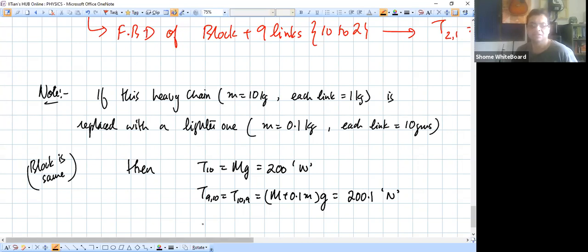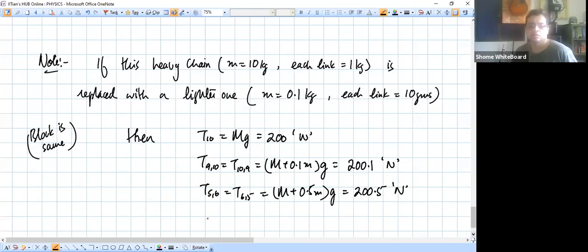Similarly, the tension between the fifth and sixth. The tension between the first and second.